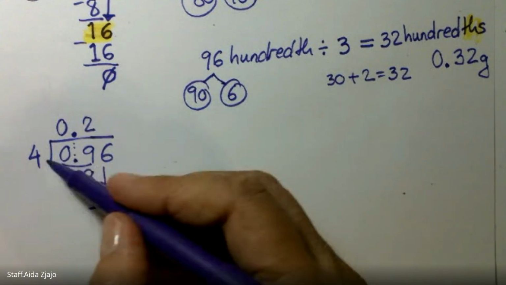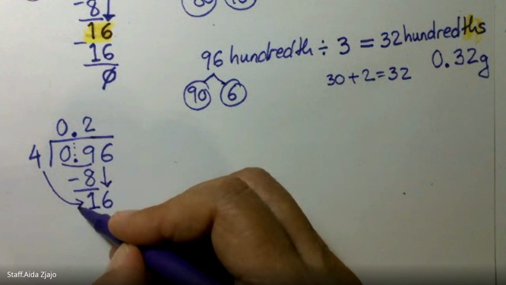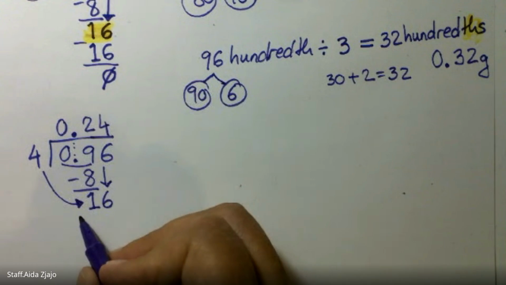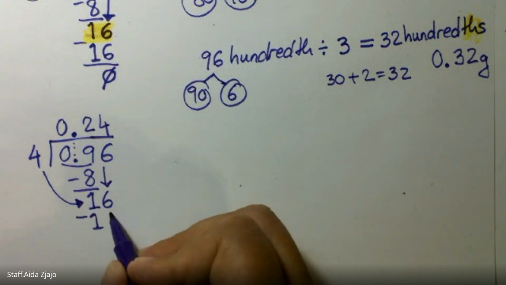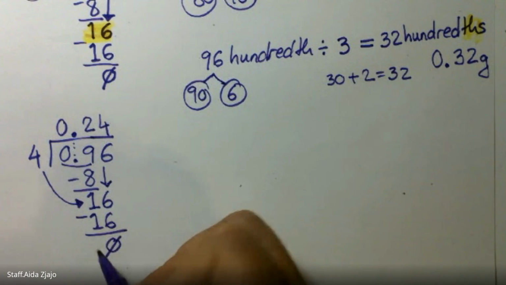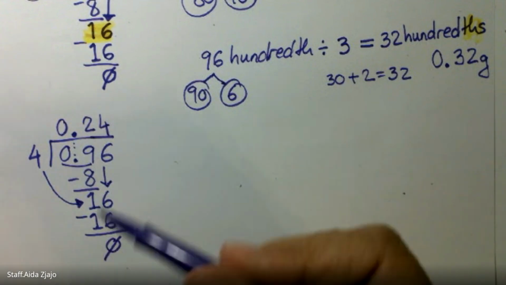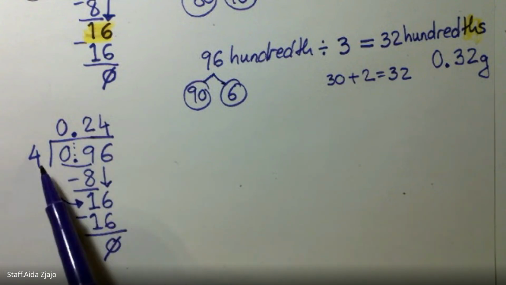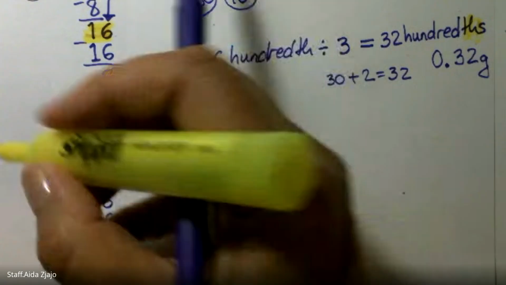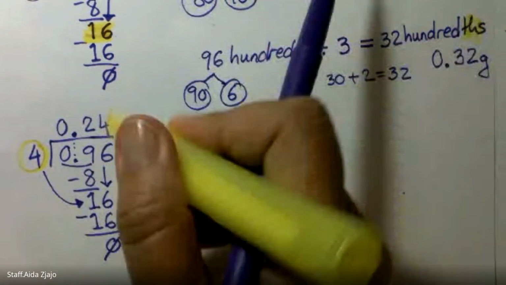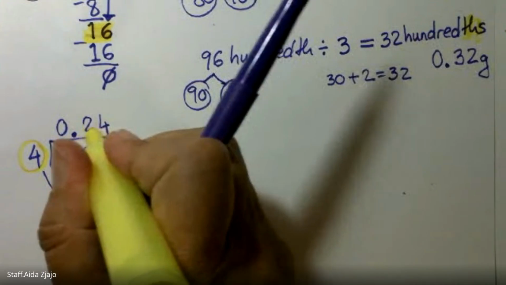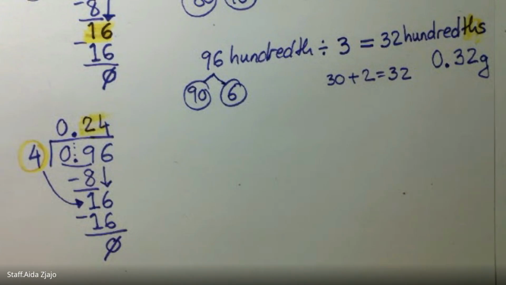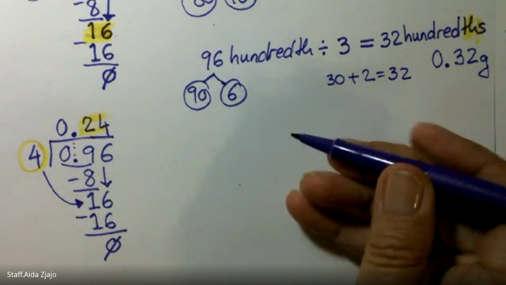And then how many 4s are in 16? There are 4. 4 times 4 is 16. And then I have nothing else to share. So if I share 0.96 grams of sodium into 4 servings, each serving will get 0.24 grams.